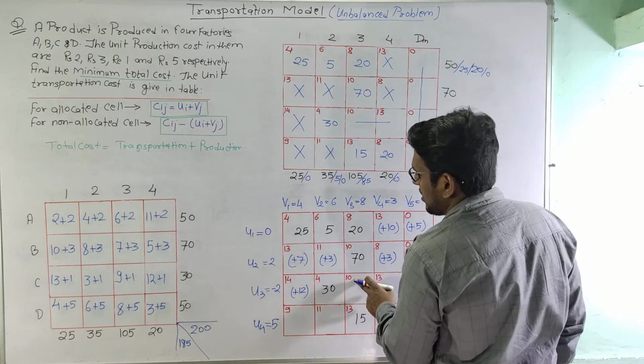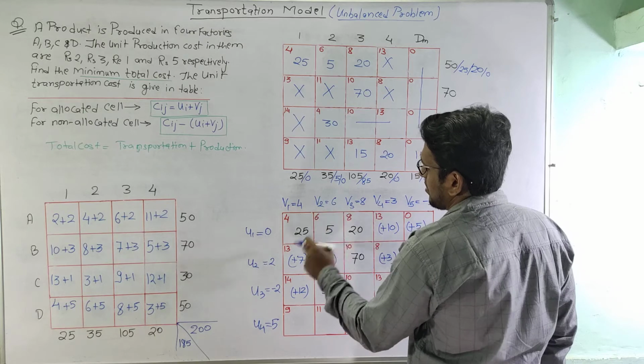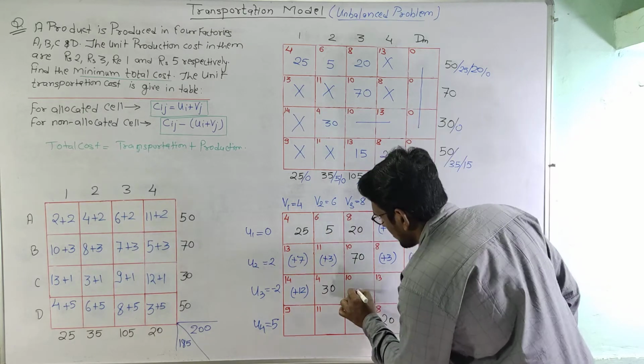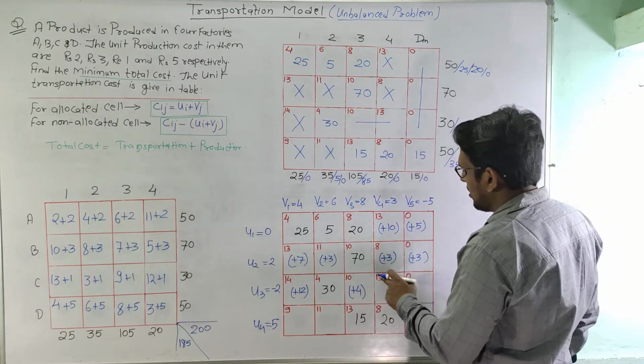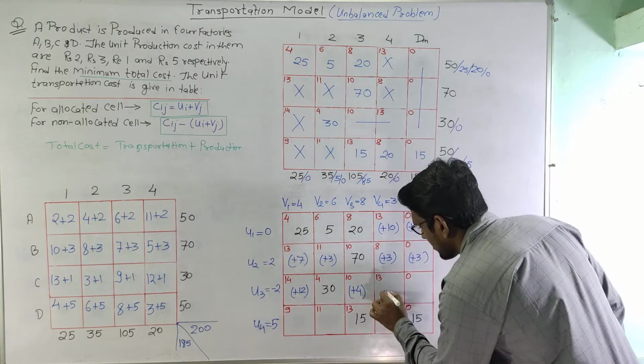This is 10 minus (minus 2 plus 8), that means 10 minus 6 is plus 4. And this is 13 minus (minus 2 plus 3), that means 13 minus 1 is plus 12.